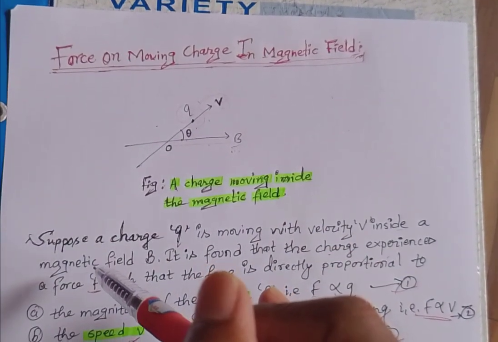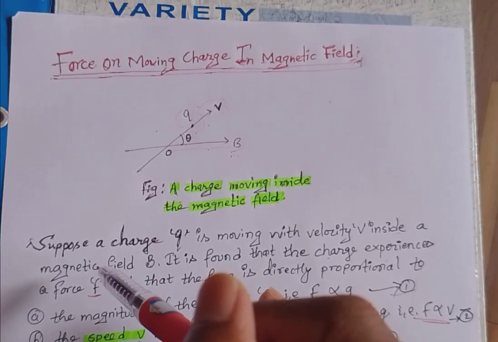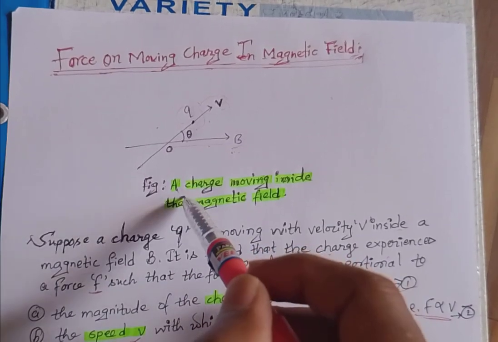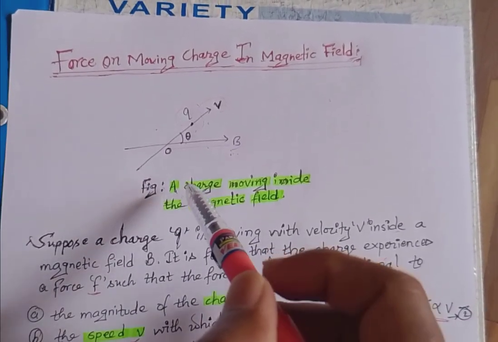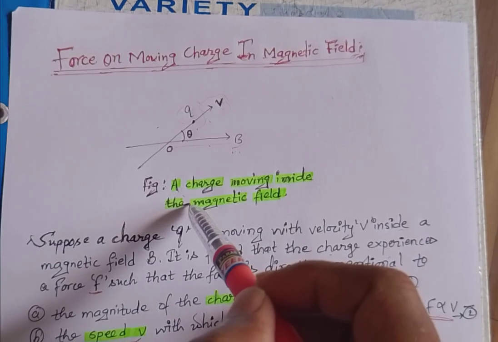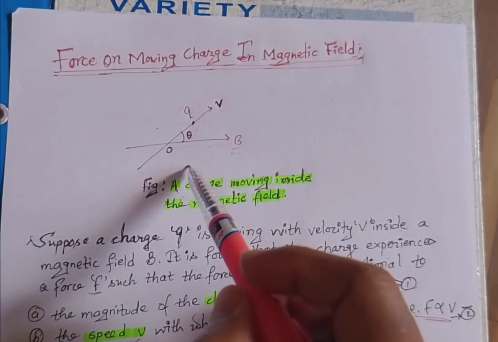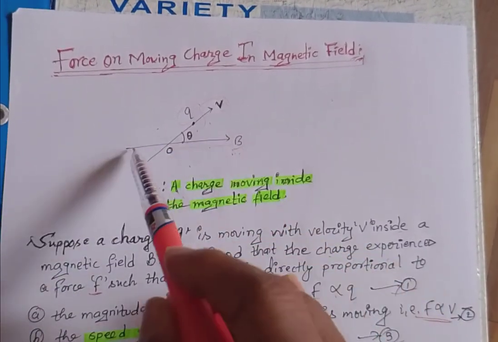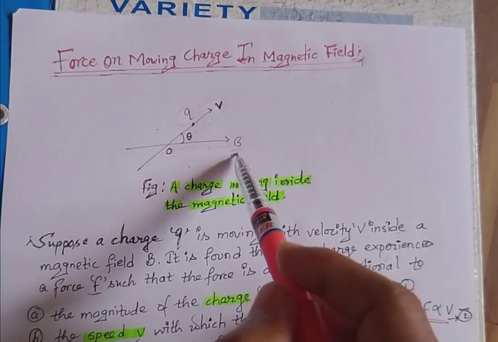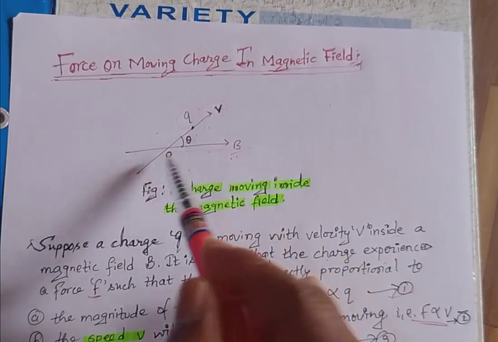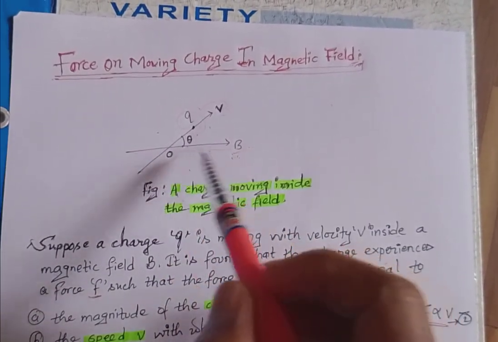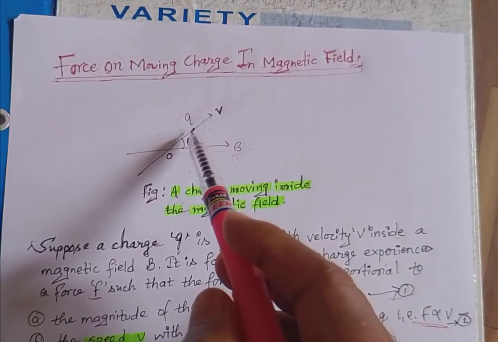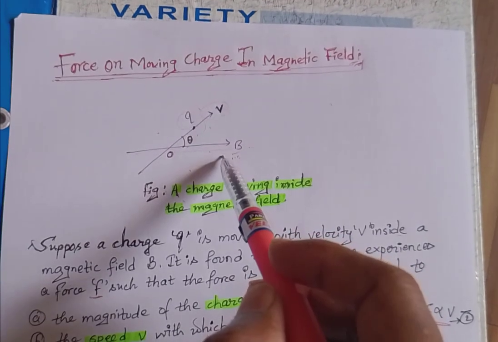For the derivation of this produced force, here is a figure. In this figure, the magnetic field B is shown, and a charge is placed in this magnetic field.